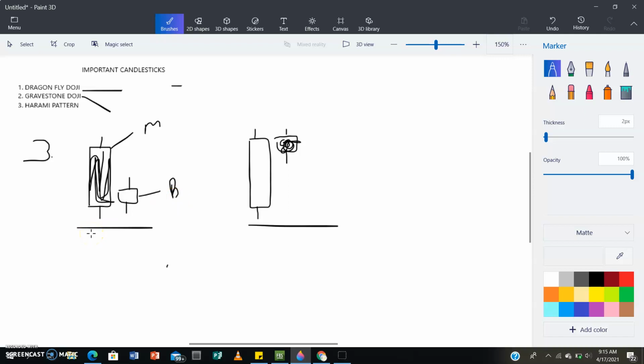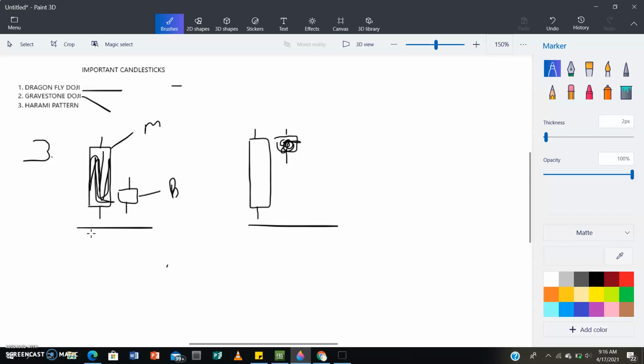Both candlesticks signify indecision in the market, right? Basically, they're similar to the doji, but this time it is a candlestick pattern rather than just a candlestick, right?